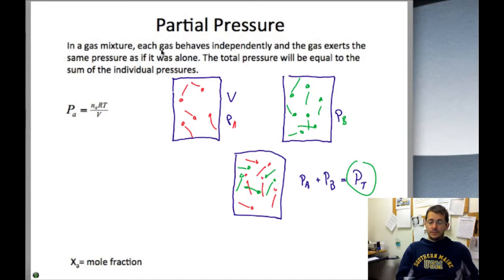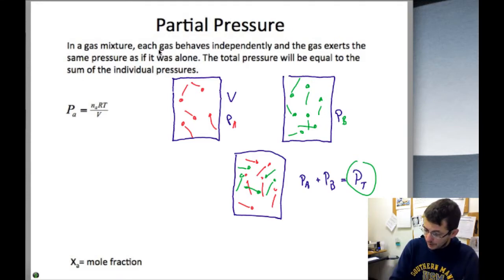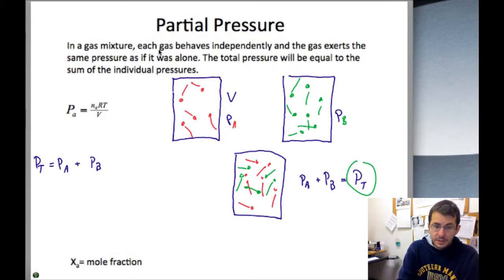And that uses something we call mole fraction. So we can use this idea of the total pressure being equal to the pressure of A plus the pressure of B. Well, we can substitute in our gas law in each of these cases.